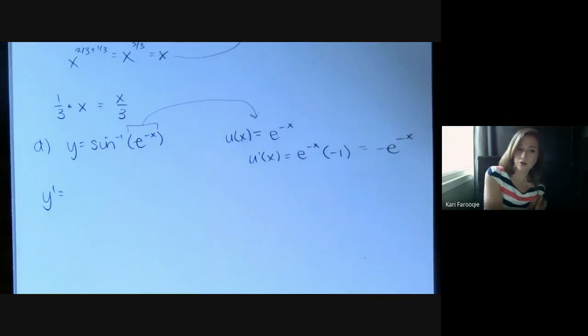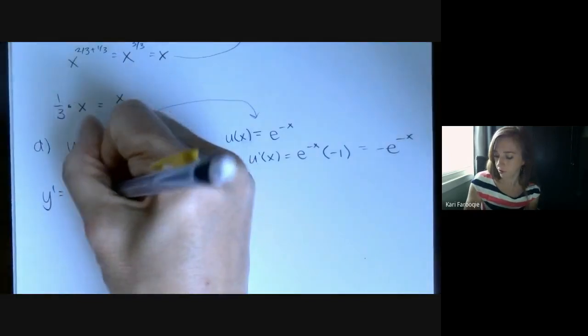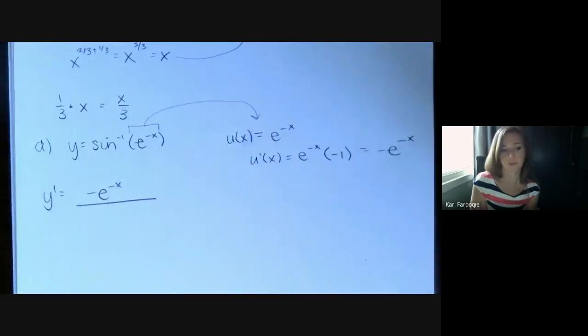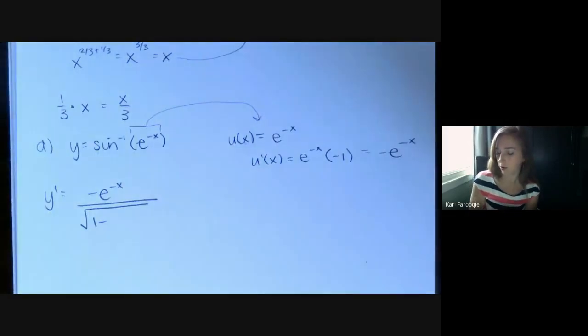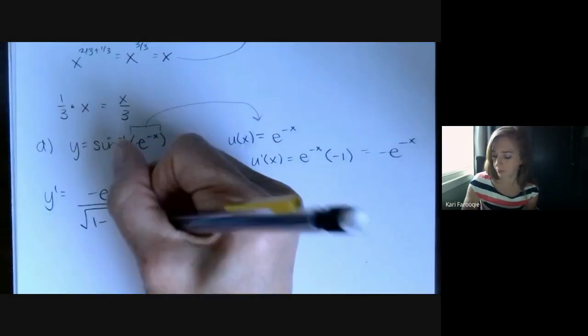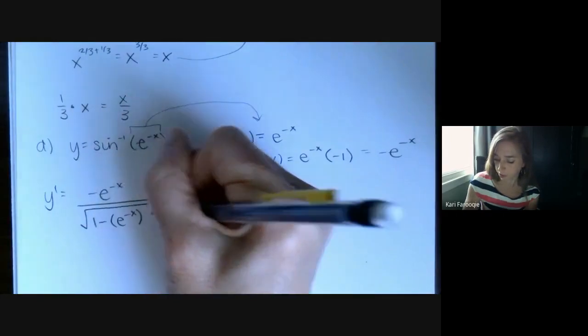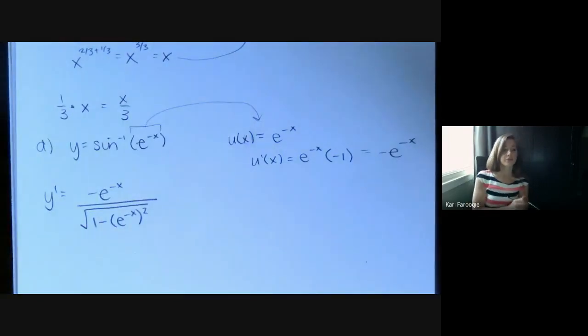So the derivative for the inverse sine is u prime divided by the square root of 1 minus u squared. So here's your u prime divided by the square root of 1 minus u squared. And I'm not going to do a whole lot to this one.